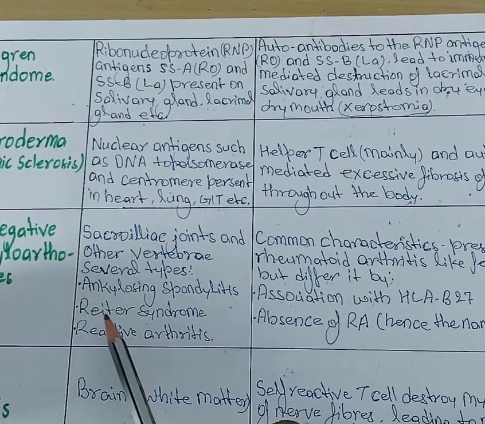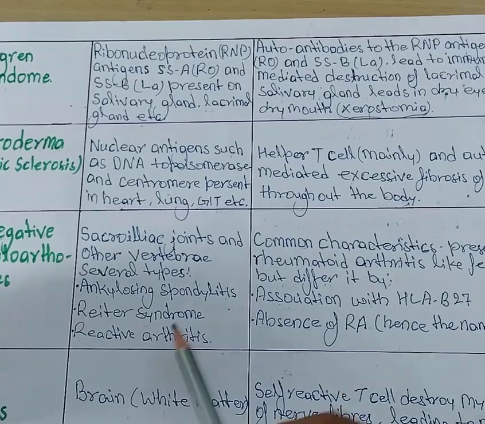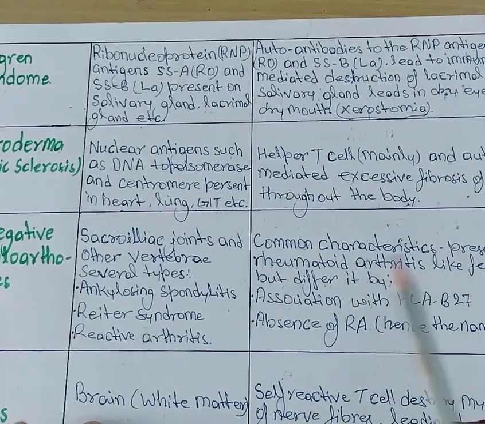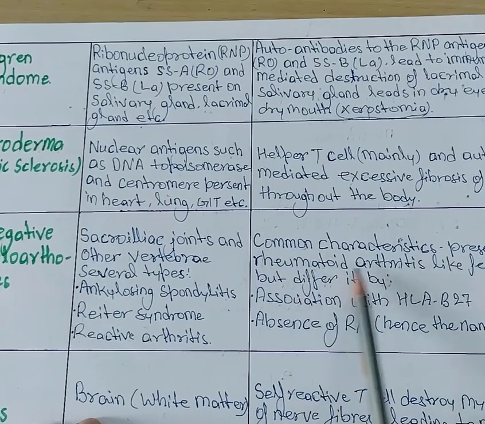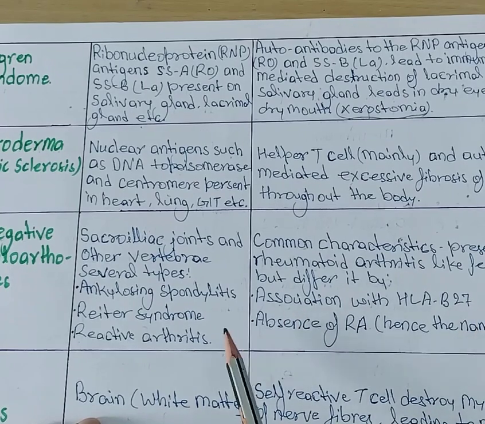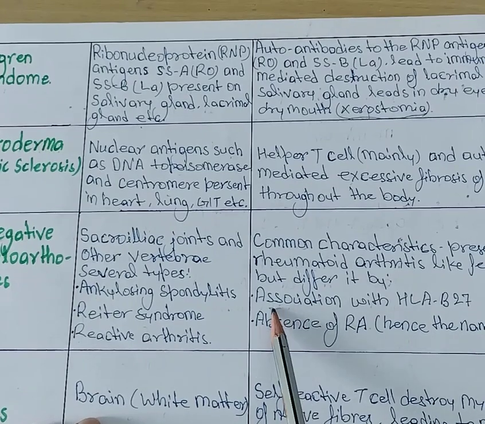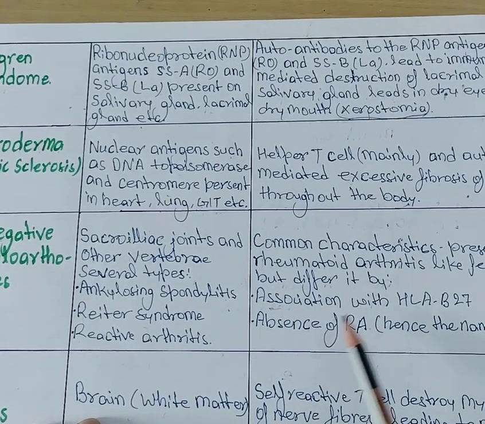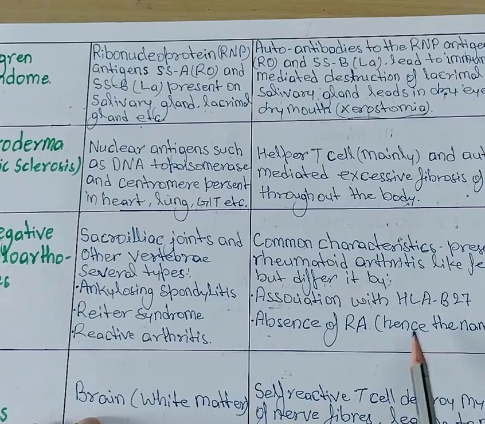Several types of seronegative spondyloarthropathies are ankylosing spondylitis, Reiter syndrome, and reactive arthritis. Common characteristics present as rheumatoid arthritis-like features, but differ by association with HLA-B27, meaning seronegative spondyloarthropathies are more commonly associated with HLA-B27, and by absence of rheumatoid factor.